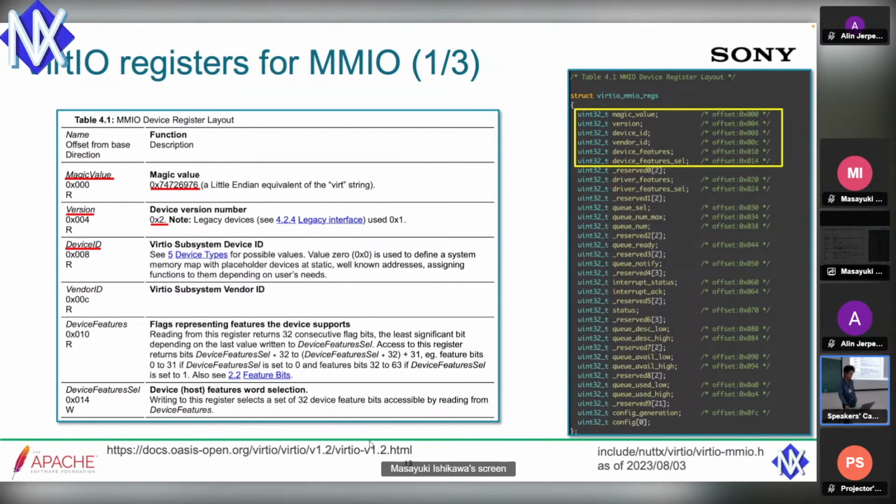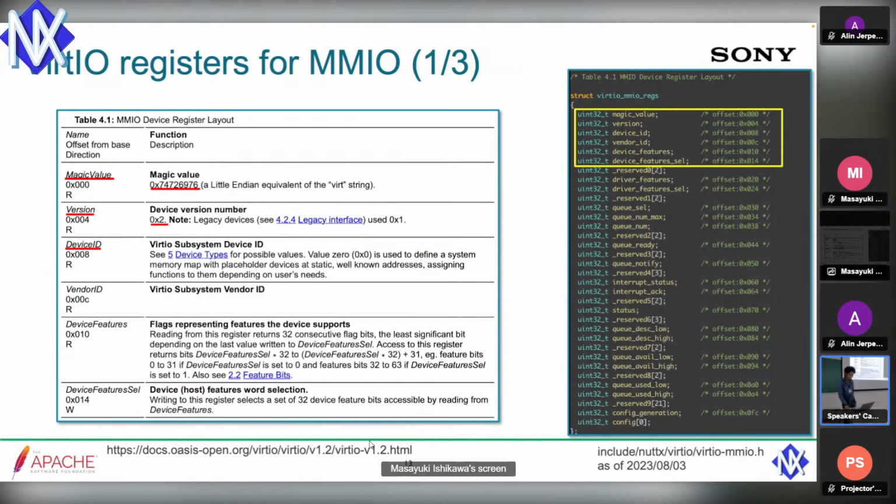The first register is the magic value. In the spec, the value is defined like this. So we need to find this value in the VirtIO address space. The second register is the version. The version is used to distinguish legacy devices. In my implementation, the version number is checked.